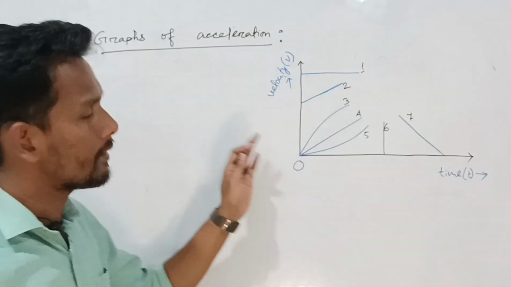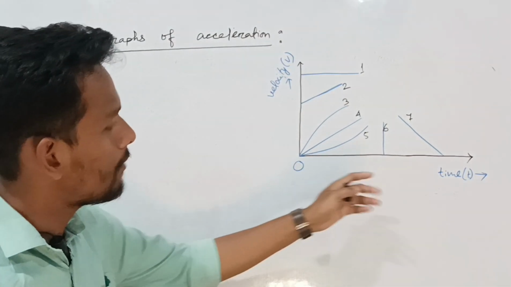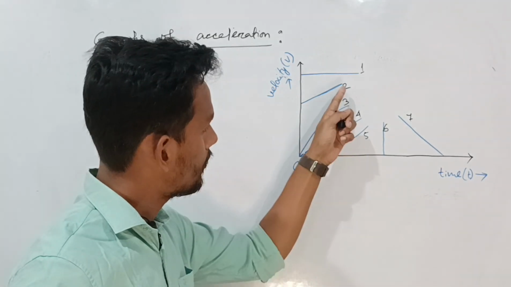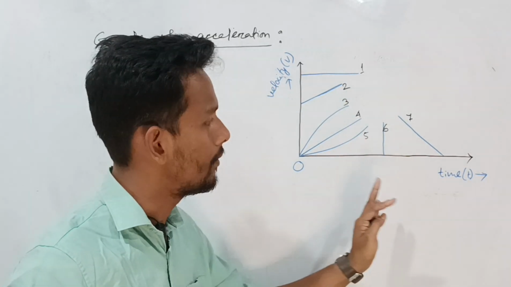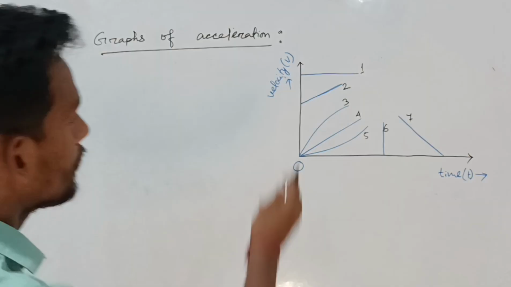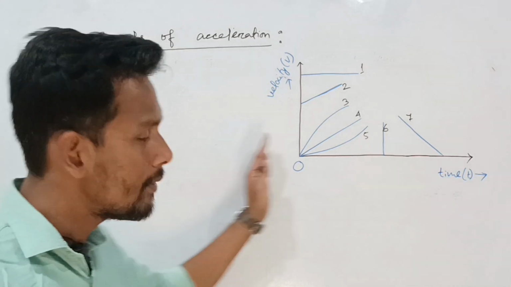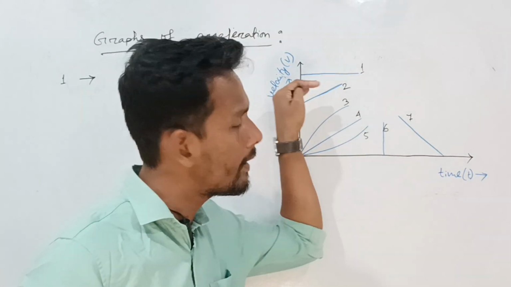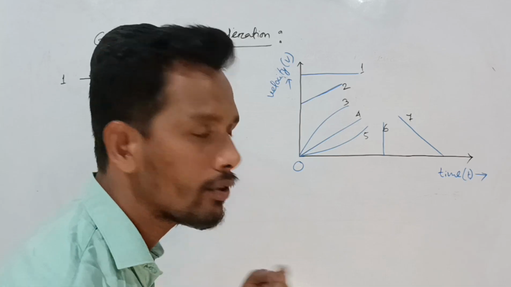Now we will discuss some graphical topics on acceleration. This is a graph between time and velocity. These 7 graphs will give you different types of acceleration. Now see, number one: time is changing, the velocity remains constant.